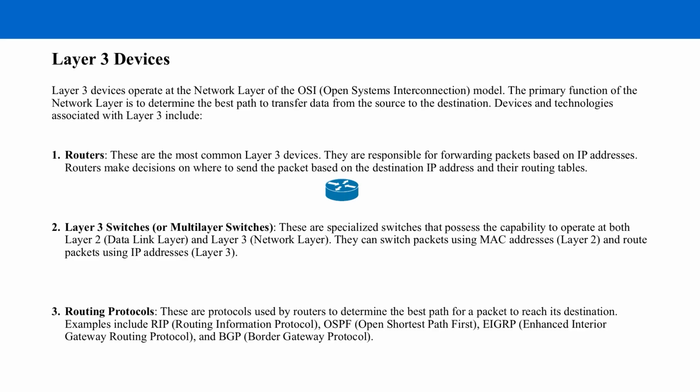We don't use MAC addresses anymore. MAC belongs to layer 2, and IP relates to the network, used in layer 3, the network layer. Routers decide where to send packets based on the destination IP address and their routing table. We're going to spend more time on this in the upcoming chapters.